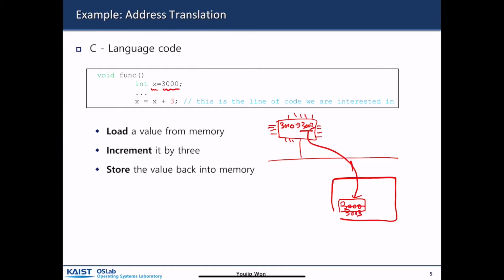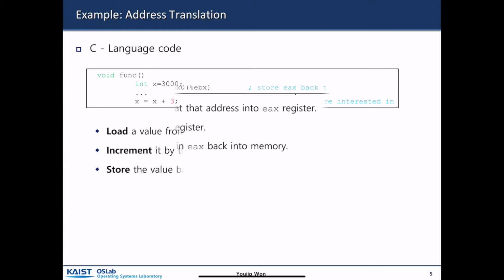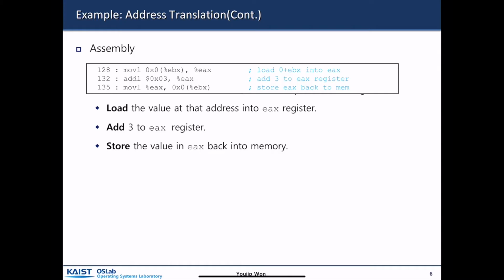Let's take a look at how it is being executed. Let's first compile the program and assume that this is the code that has been compiled. First, it loads the value pointed to by EBX to the register EAX. Let's say this is the location where 3000 is stored.